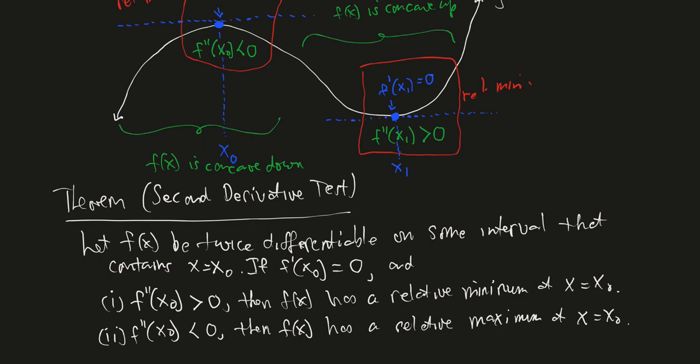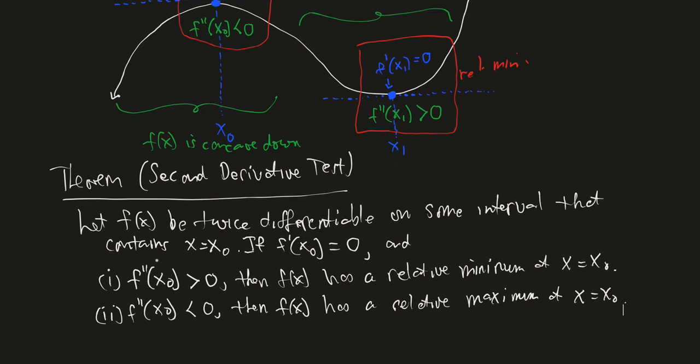Again, if the first derivative evaluated at the point is 0, and the second derivative evaluated at the point is a negative number, then there is no other possibility for this function. It has to have a nice smooth peak, and that peak is due to the fact that the function will be concave down.